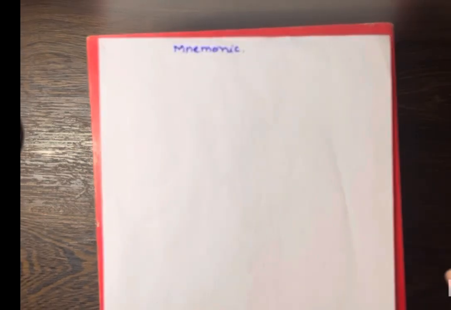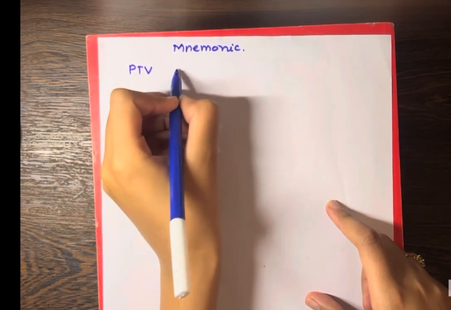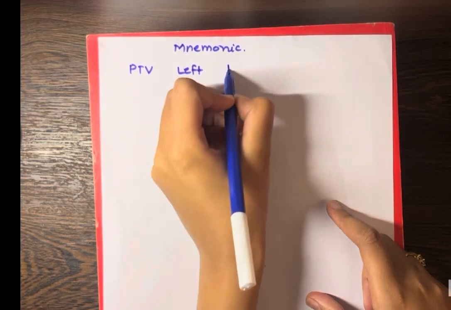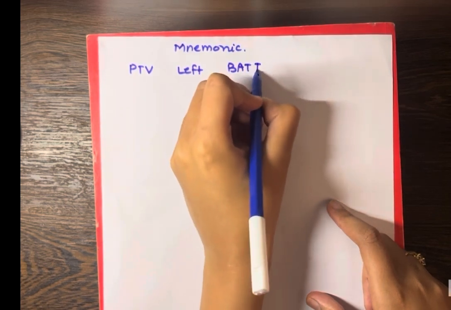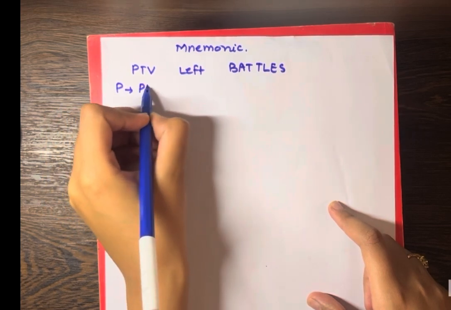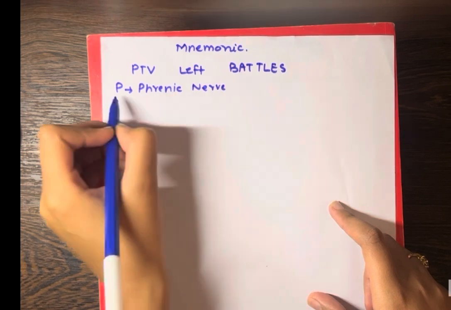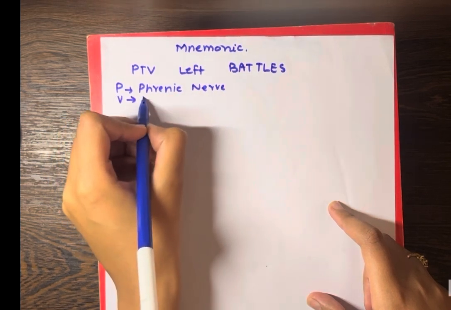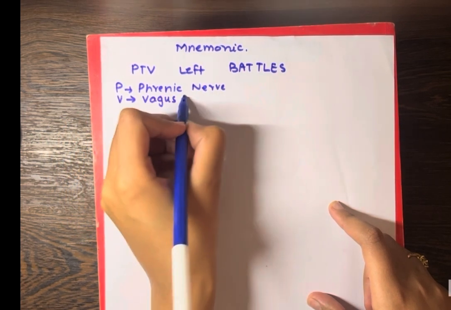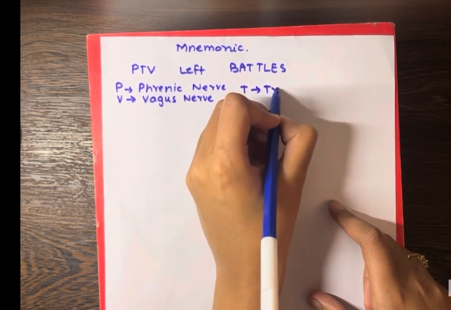You can easily remember the contents of the superior mediastinum by a mnemonic, which is PTV, left battles. P for phrenic nerve, V for vagus nerve, T for trachea.